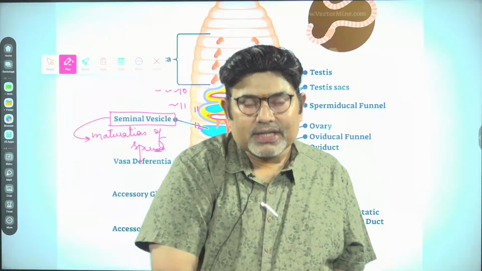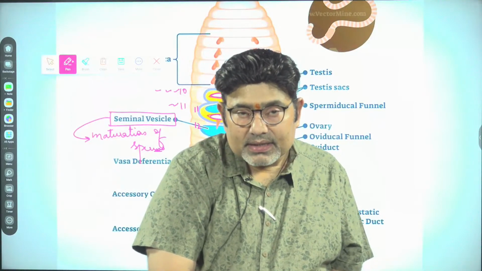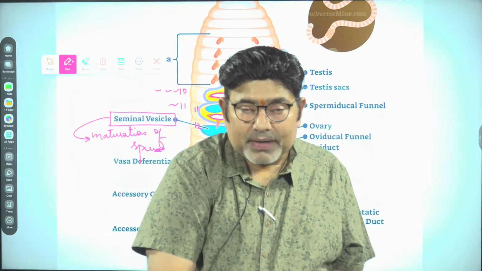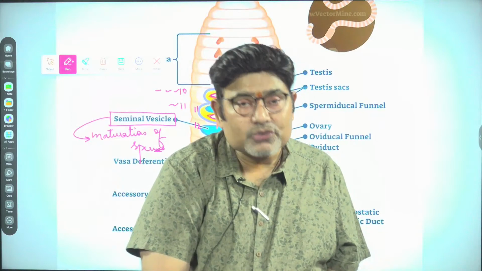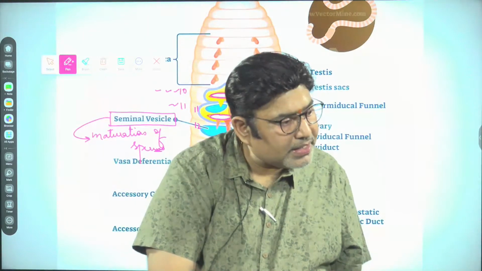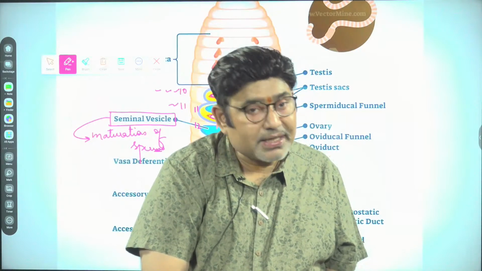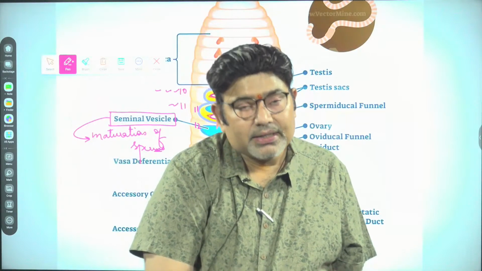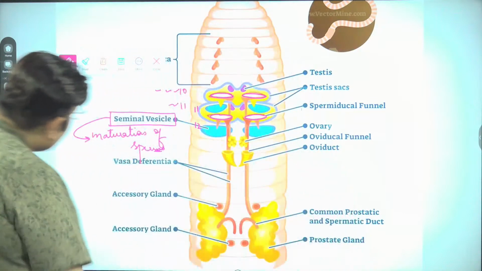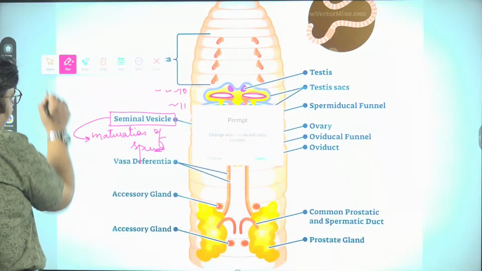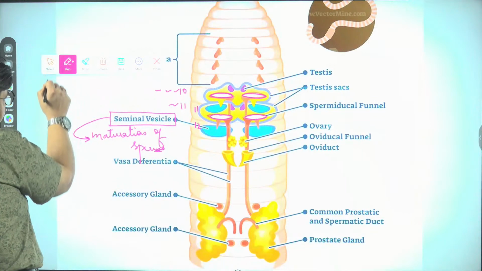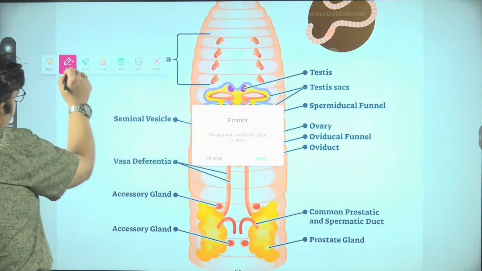Now, a very important thing, the seminal vesicles are present in the 11th and the 12th segment, one pair in each. And these seminal vesicles are connected to the testicular sac. I'll show you.